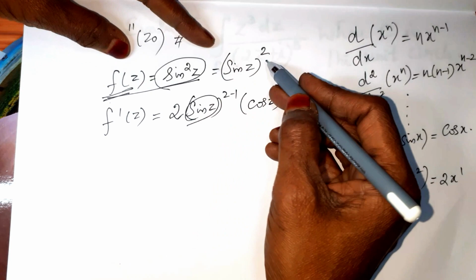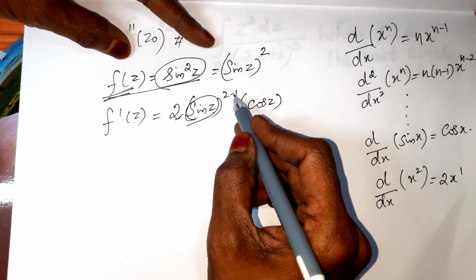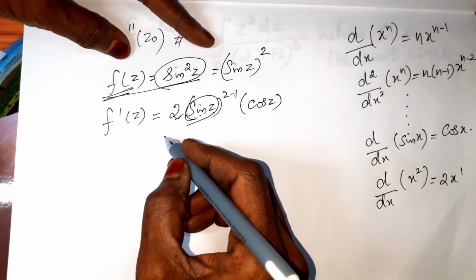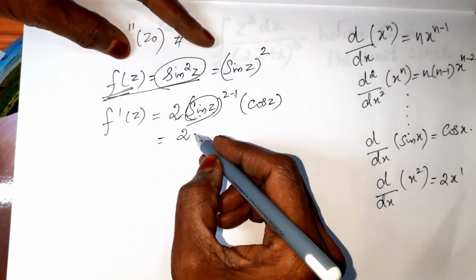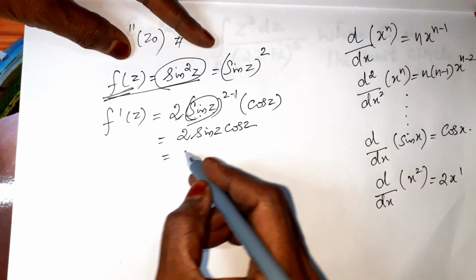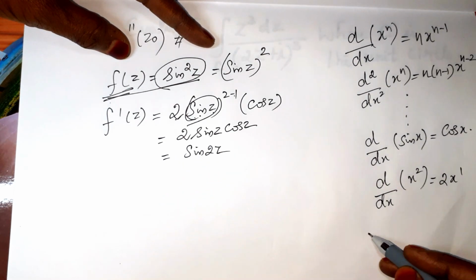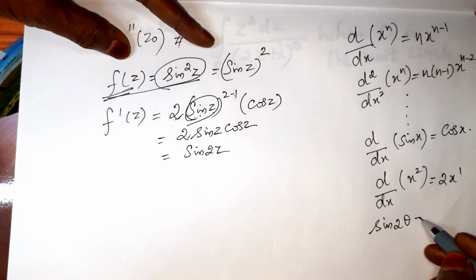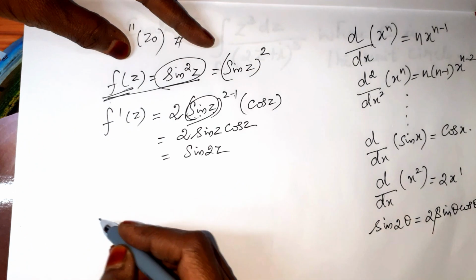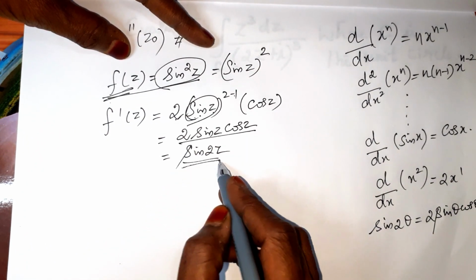I repeat, when we differentiate sin squared z, it is 2 sin z into cos z. Am I right? So this can be written as sin 2z. What is the formula for sin 2 theta? 2 sin theta cos theta. Using that, I have simplified this term as sin 2z.